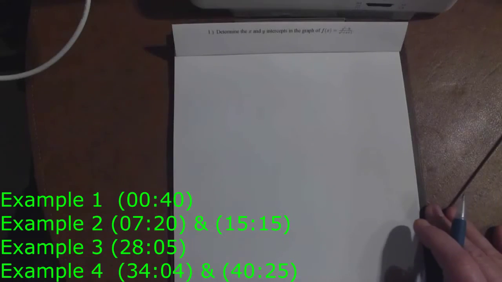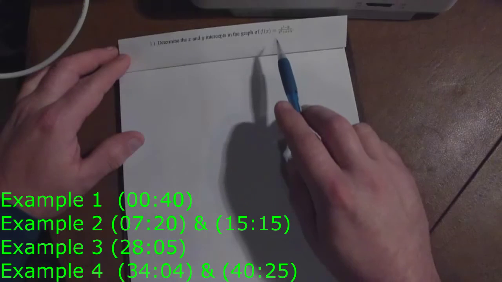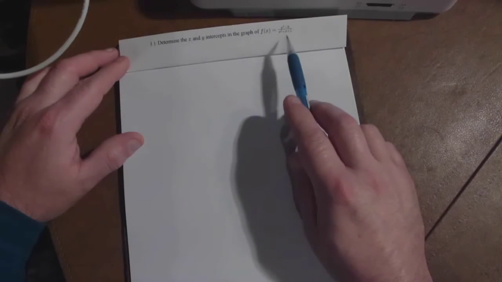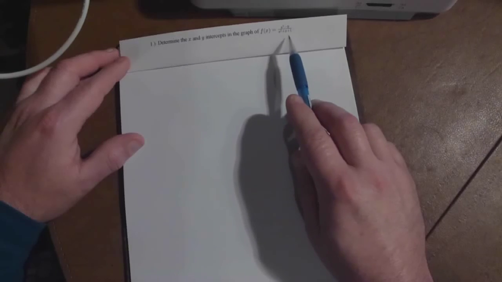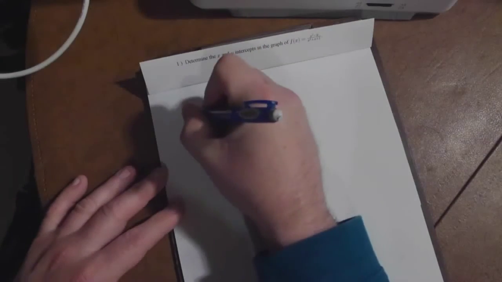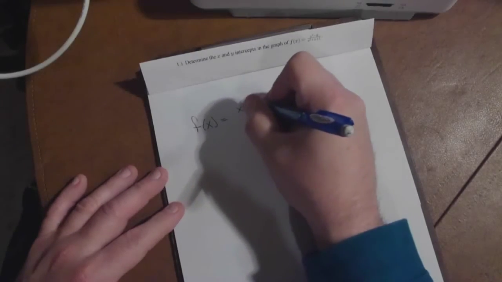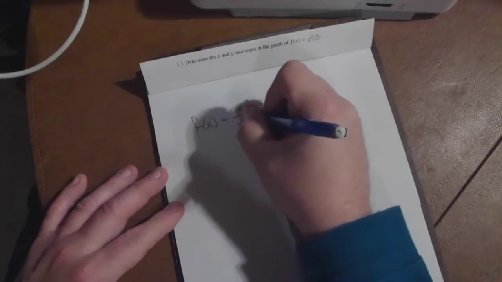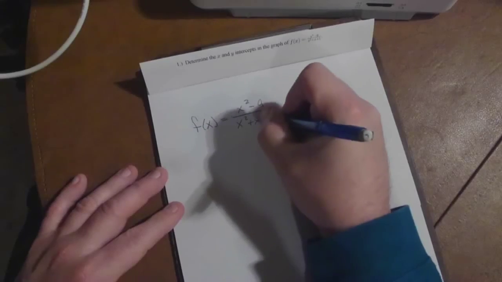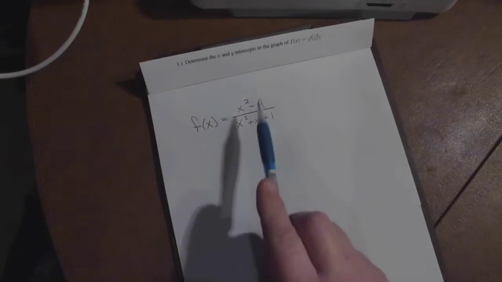In this particular example, I give you the rational function f of x equals x squared minus 9 over the quantity x squared plus x plus 1. Now, this is what we define as a rational function, if we remember.